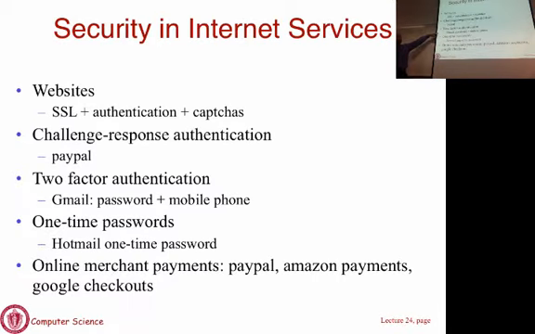Okay, so the simplest one is called two-factor authentication. So you can turn this on if you have Gmail, for instance. In two-factor authentication, what happens is you will have to provide not only a password, but there is also a one-time challenge that is issued to you. Typically, that is sent as a code to your phone that you have to enter.